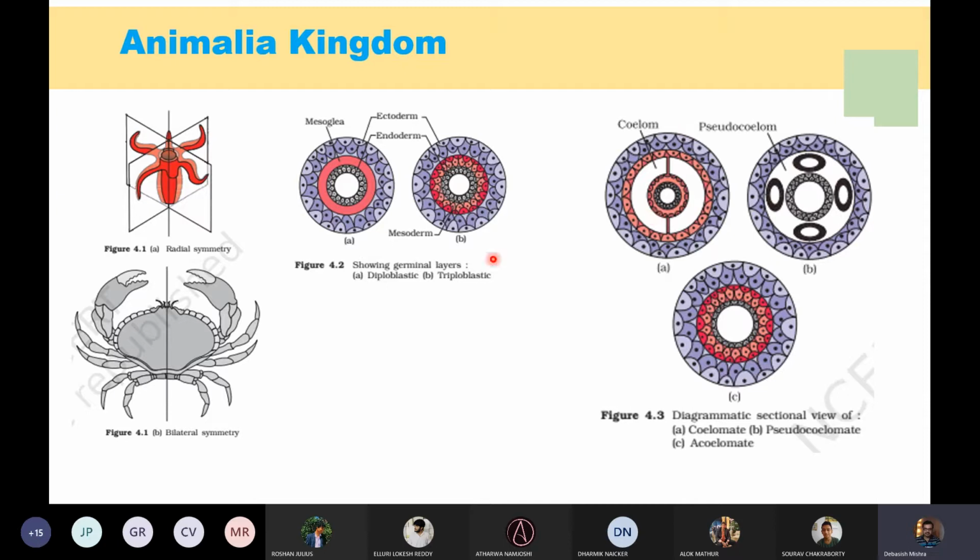Blast means generating layers. If you have a cavity between the mesodermal cells, you can have a true body cavity, like the one we have. Your intestine and everything is there in the body cavity.